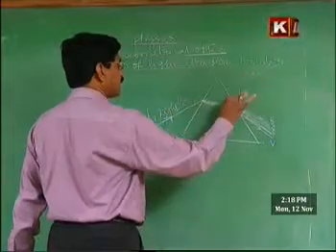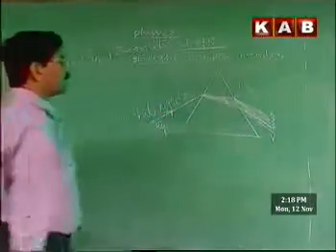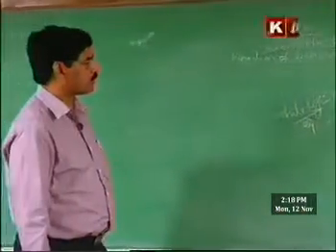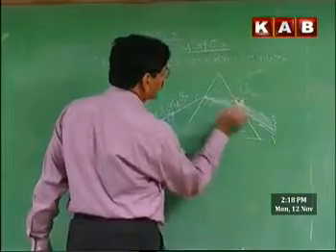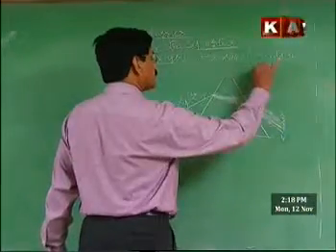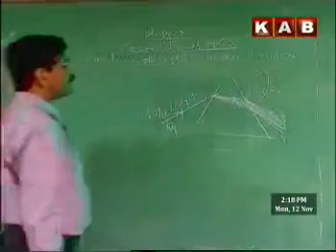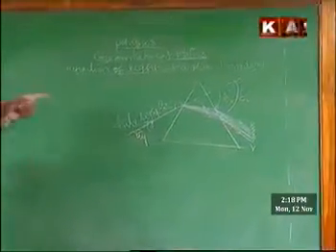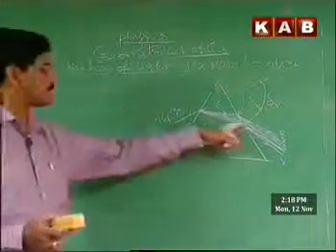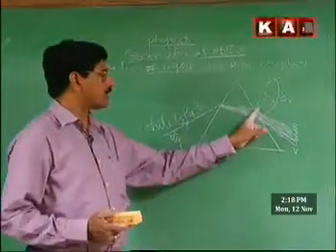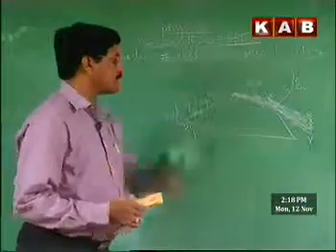This angle produced corresponding to red light is called the red light deviation angle. The violet light ray is coming out like this, and this angle corresponds to the violet light ray. So violet is deviating by delta V, and red is deviating by delta R when the white light ray is incident here.